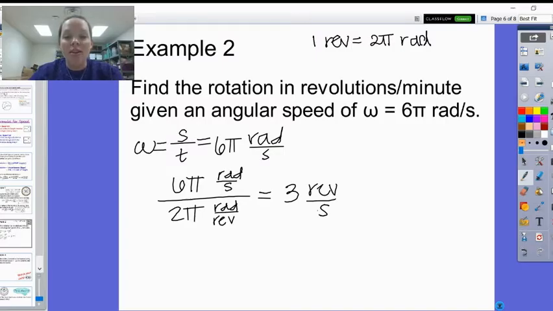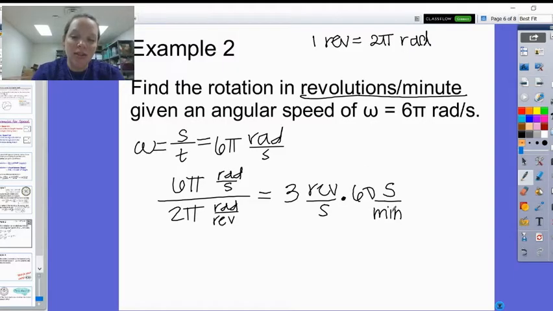Okay, pay attention to the question though. It's asking us for revolutions per minute, so we just need to use our dimensional analysis and convert this into revolutions per minute. So I need to know how many seconds are in 1 minute, and of course there are 60 seconds per minute, so then the seconds cancel out, and we have 180 revolutions per minute.